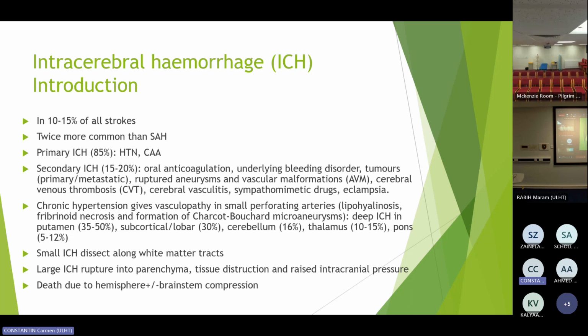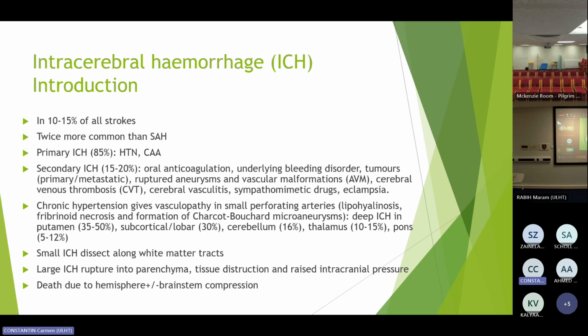Small hemorrhages do dissect along the white matter tracts, and large hemorrhagic strokes do rupture into parenchyma, cause tissue destruction, and could cause raised intracranial pressure.